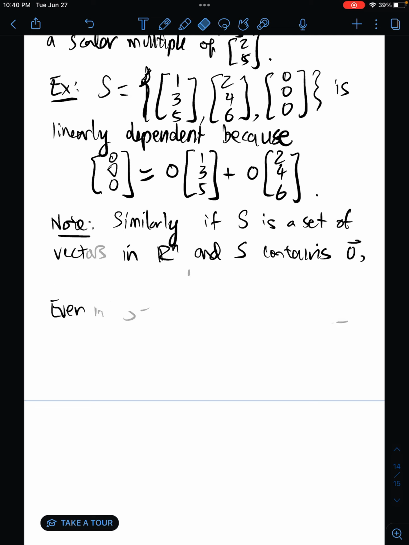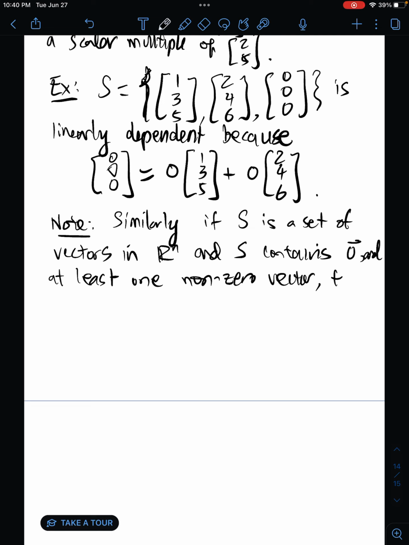So maybe I should be more precise and say, if S is a set of vectors in Rn and S contains 0 and at least one non-zero vector, then S is linearly dependent.